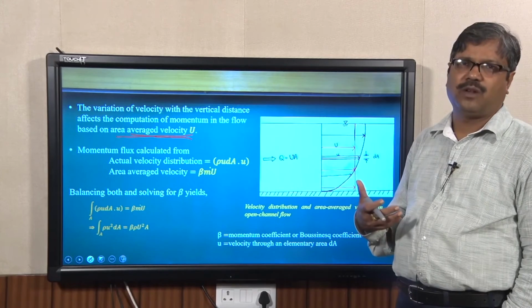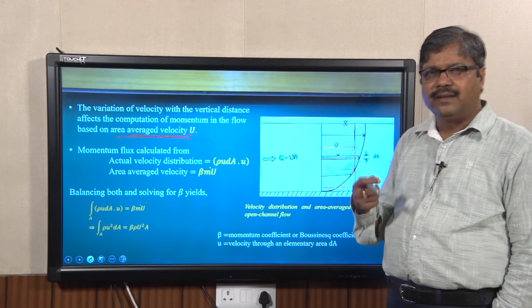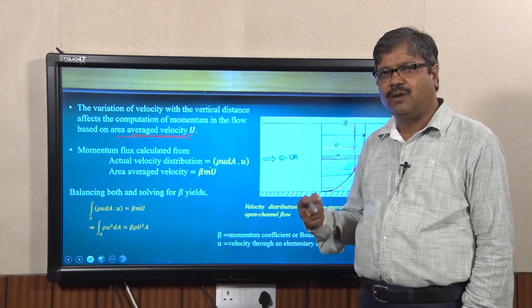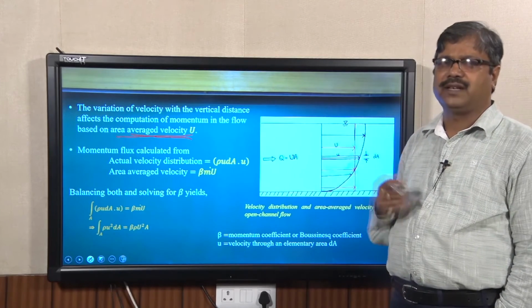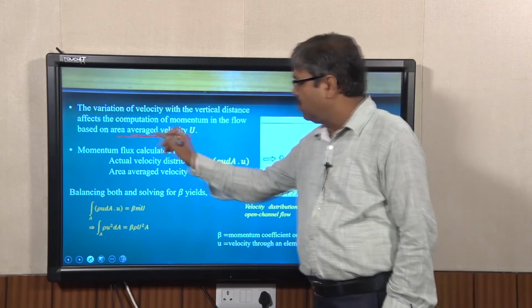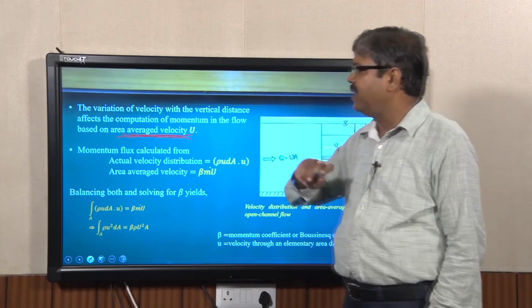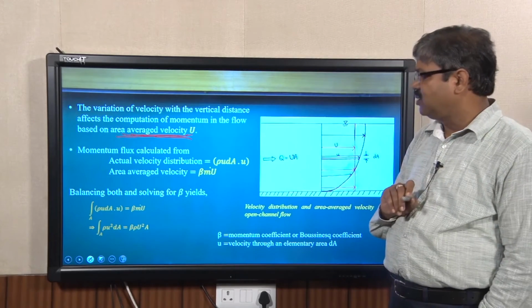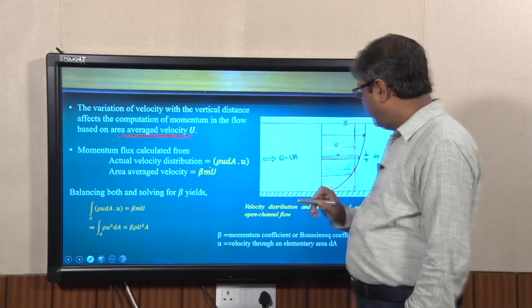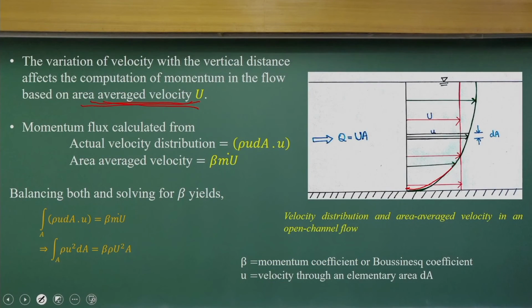What will be the momentum flux if I take into account the variations of the velocities in an open channel flow, knowing this area average velocity? So what we do is, if I consider the velocity distribution, which follows maybe a logarithmic velocity distribution, and we assume the area average velocity U multiplied by area gives the discharge.